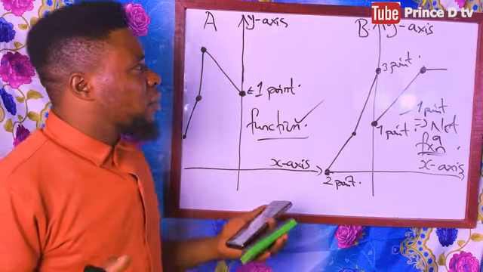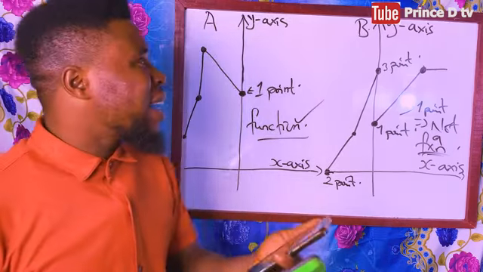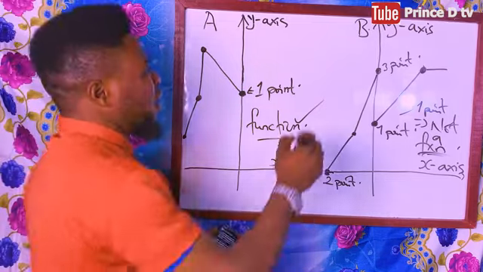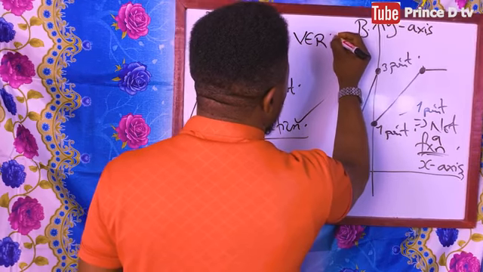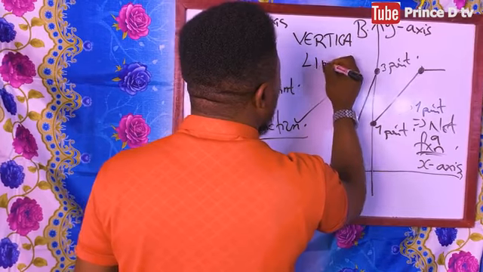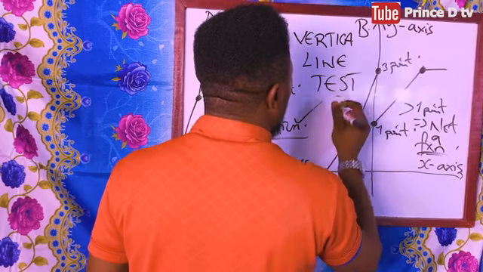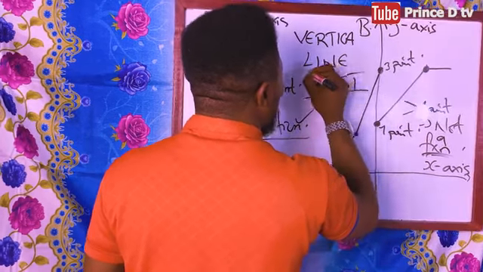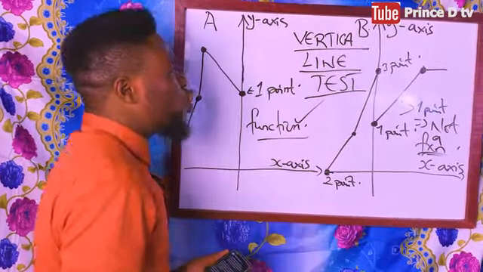So back again, a recap. So we have just used the vertical line test. All what we have been doing is known as the vertical line test. This is what we have used to be able to determine if a graph is a function or not.